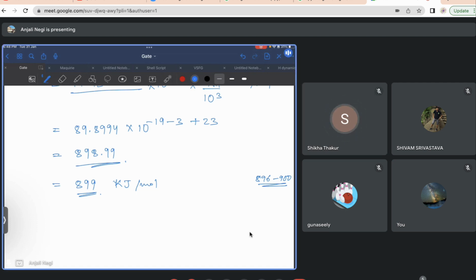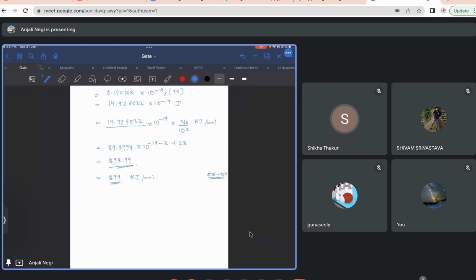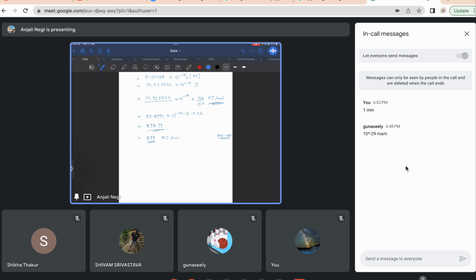So it's simply, I think, you have to take account of the units conversion, and you have to keep in mind what they have asked about. So Gunasli is saying that it's 10 to the power minus 29. So Gunasli, where are you saying that it should be 29? Here.